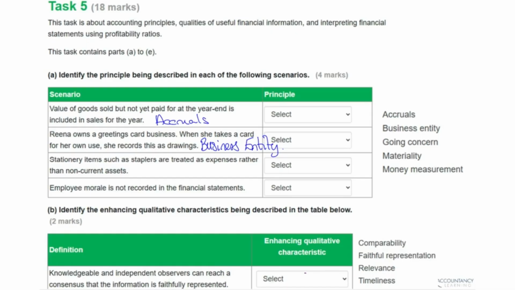So this is whether something is going to make a significant difference to the business. So it's known as our materiality principle. Employee morale is not recorded in the financial statements. So that's because it's only money measurement in the financial statement.